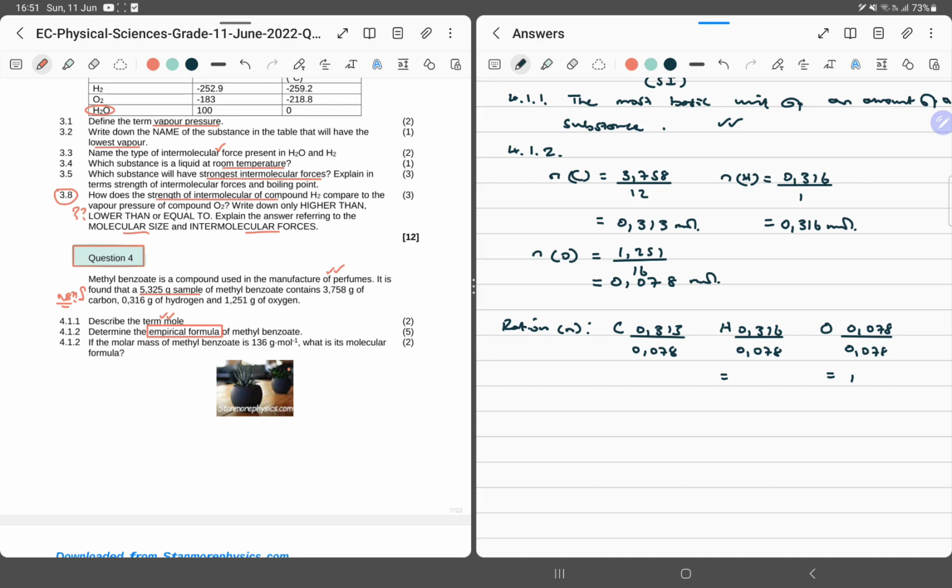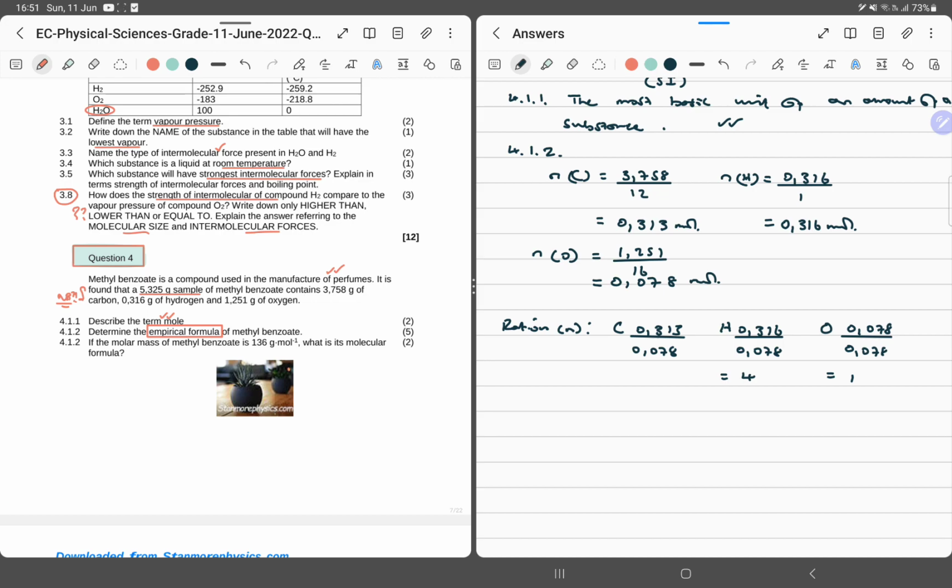And what is that for hydrogen? 0.316 divided by 0.078, of course we round off to the nearest whole number. This is 4. And then we go to the other one, 0.313 divided by 0.078.